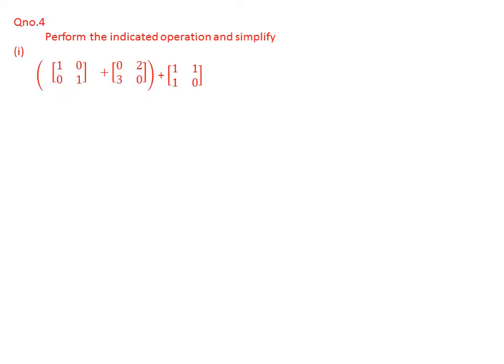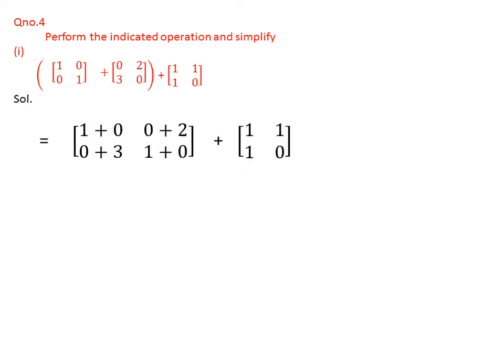In question number 4, we have to perform the indicated operation and simplify the given matrices. First of all, we will solve the matrices which are written in parentheses. For this, we will add the corresponding elements of both these matrices.